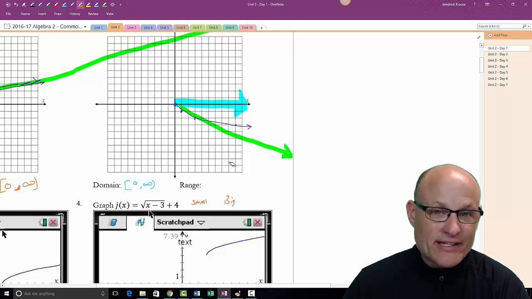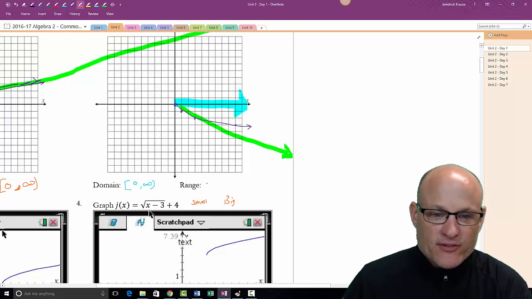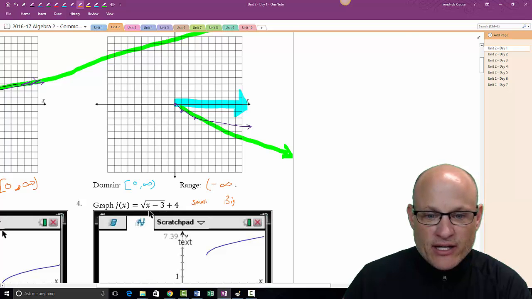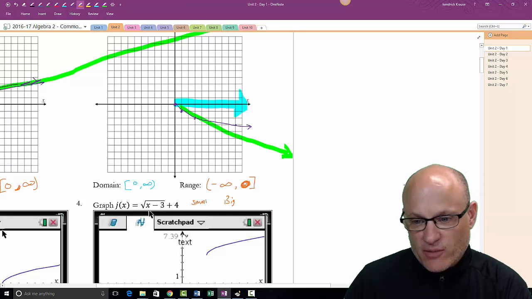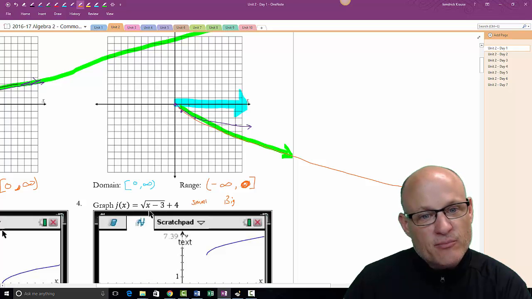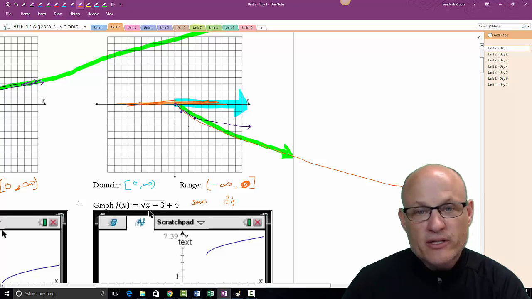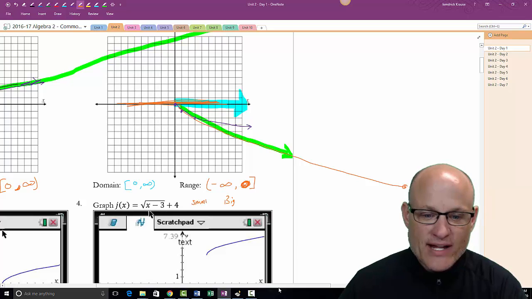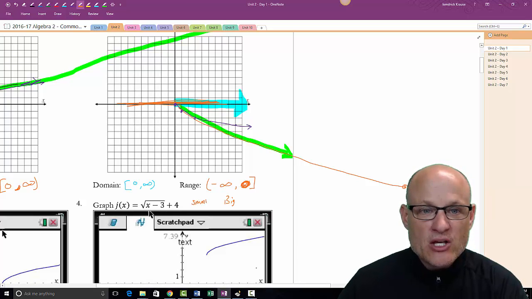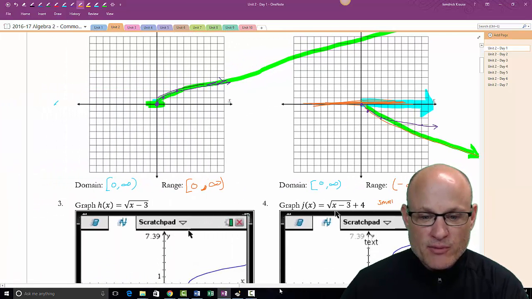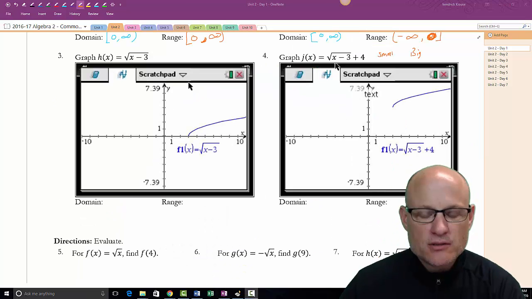That's what makes this one a little bit trickier. You have to start at negative infinity and go all the way up to 0. So the lowest it's going to be is down here at negative infinity, and the highest value it will be is 0. All right, so that's domain and range for the square root function, okay? You're going to become familiar with that.